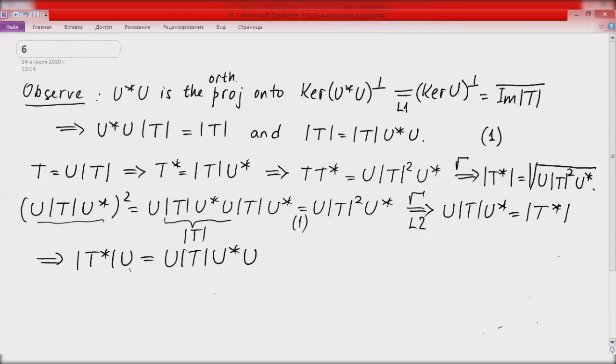So this is just the modulus of T. And by formula 1, this is U multiplied by modulus T. But this is our operator T. And that's it. So we get the second polar decomposition formula, T equals modulus of T star multiplied by U. So this completes the proof of our theorem.